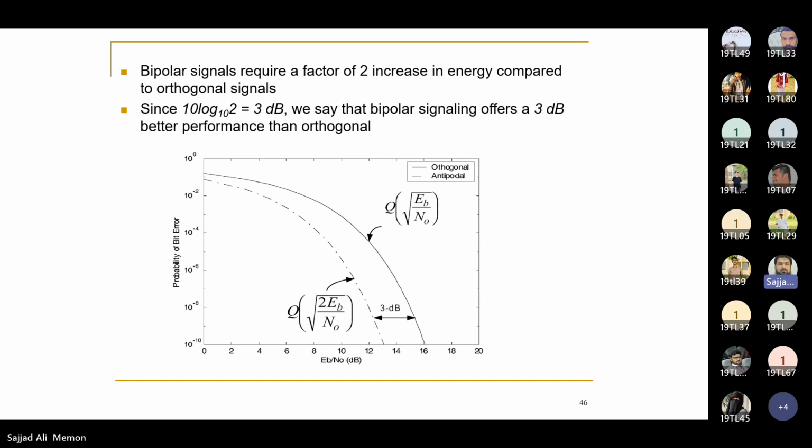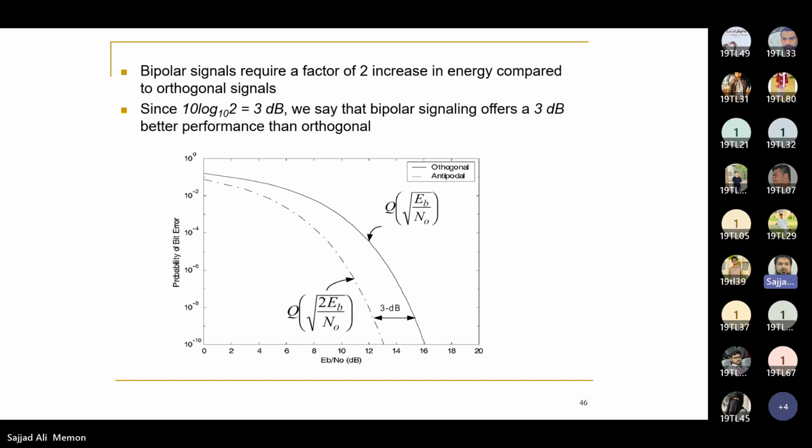As you can see in the figure, one is the orthogonal signals and one is the antipodal signals. So in energy per bit to noise ratio, which is better, 16 EB/A naught or 13 EB/A naught? More EB/A naught means more energy per bit and less probability of error.